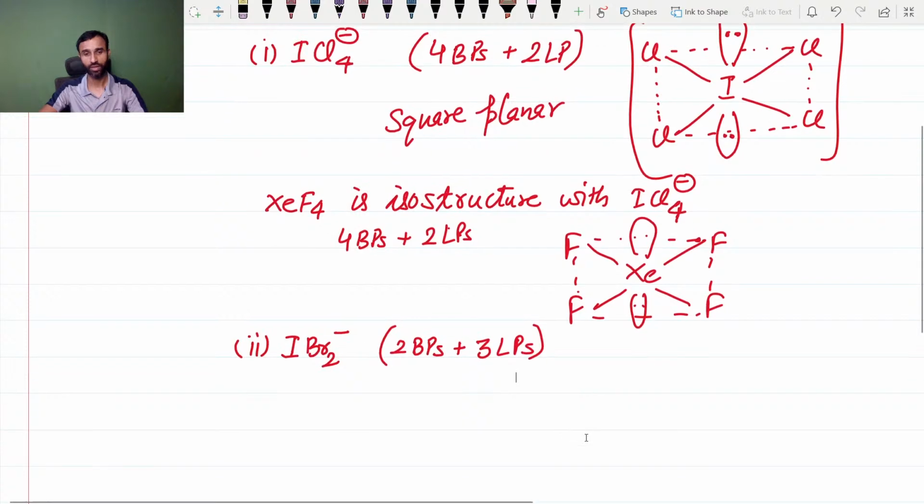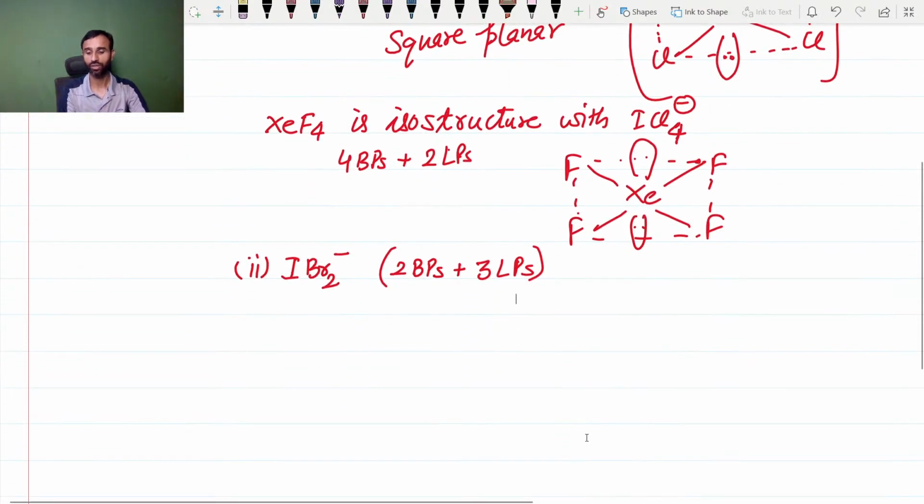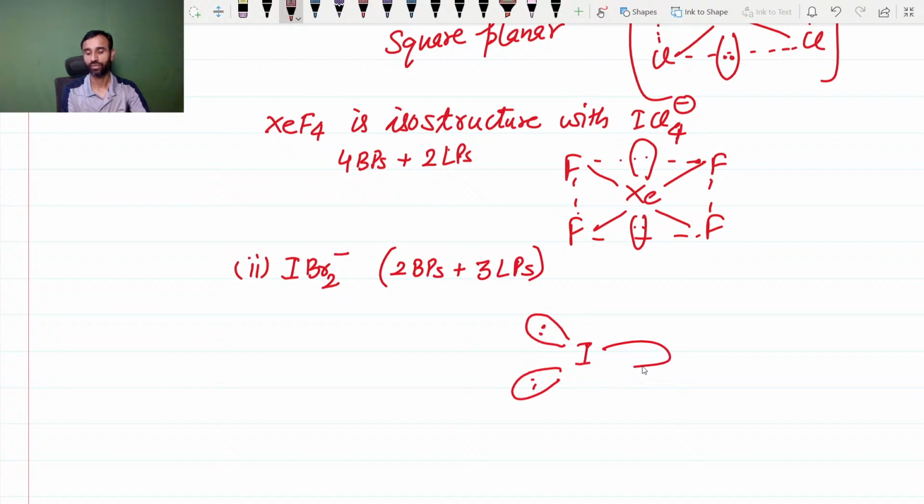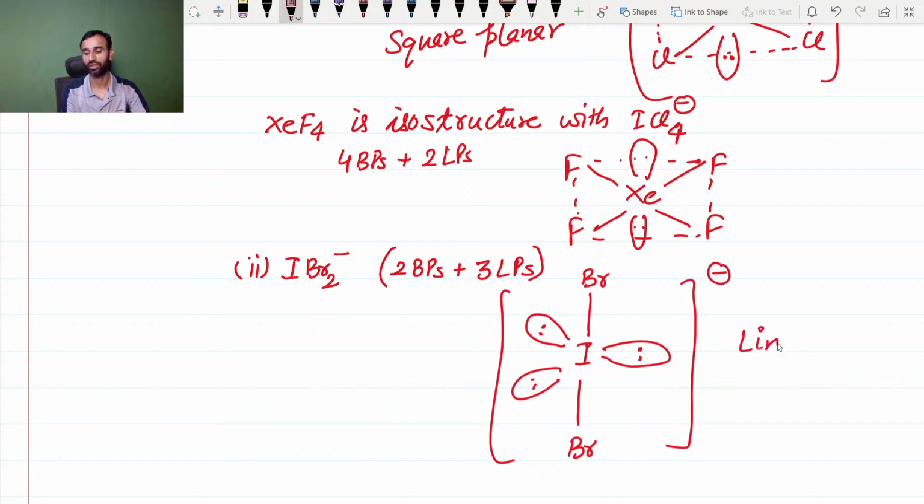That means a total of 5 pairs of electrons. So when they are arranged, the geometry is trigonal bipyramidal. 3 pairs are arranged like this. So its shape is linear, with 2 bond pairs and 3 lone pairs.